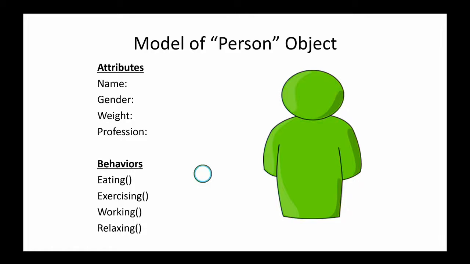Now you'll notice that when we look at the behaviors, they are action words, or sometimes we use verbs to describe them because they are actions. And the attributes are generally nouns. Name, gender, weight, profession are nouns, and behaviors are normally action words or verbs.